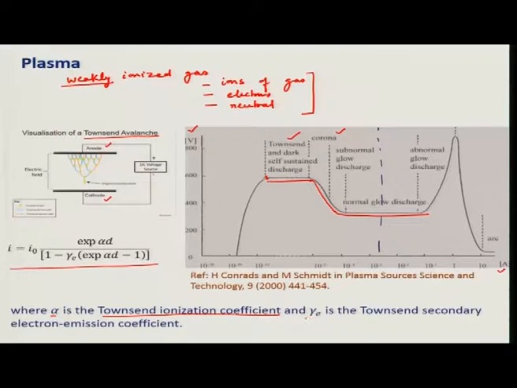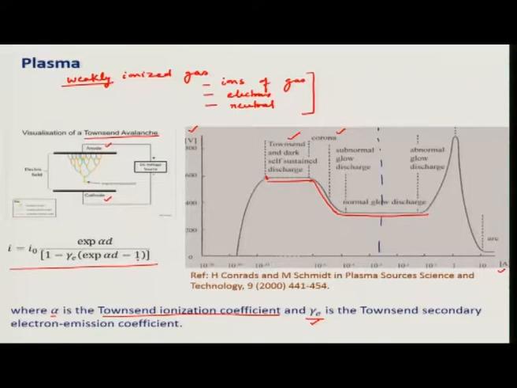There is another factor, gamma E, which is Townsend secondary electron emission, because once electrons reach the anode they are lost, they will be part of the external circuit. Then you need to have a supply of secondary electrons, which is given by gamma E. And the electron current in Townsend discharge is given by this expression.